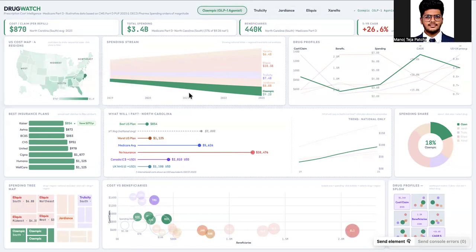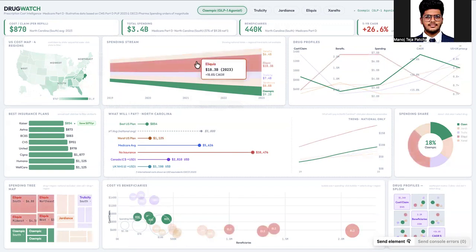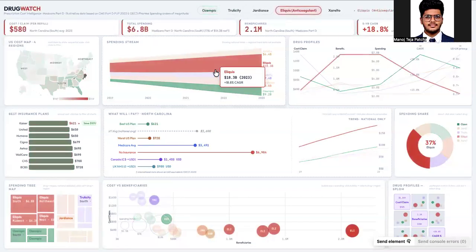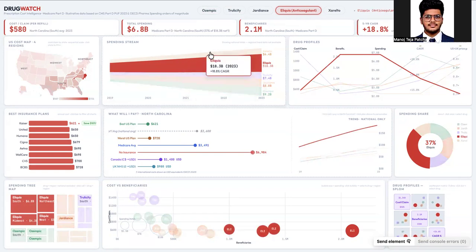This is the spending stream. The stream graph displays total spending trends from 2019 to 2023 across all five drugs. The width of each stream represents the spending magnitude. You can click on any stream, say Eliquis, and see the data related to the drug and see how much the width has increased.